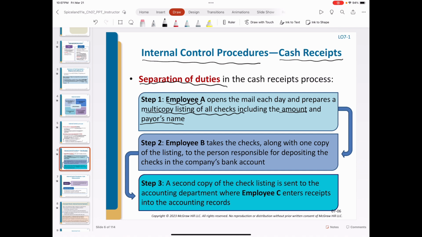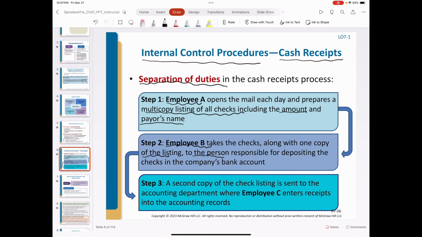These checks will be handed to employee B. Employee B will take all these checks along with a copy of the list to the person who is responsible for depositing these checks into the bank account.